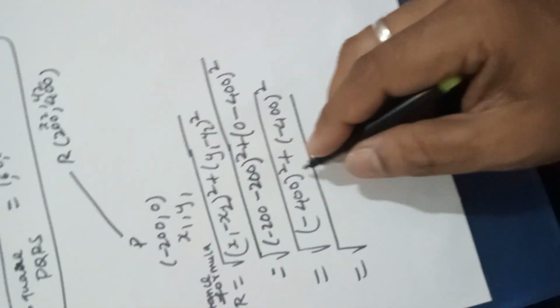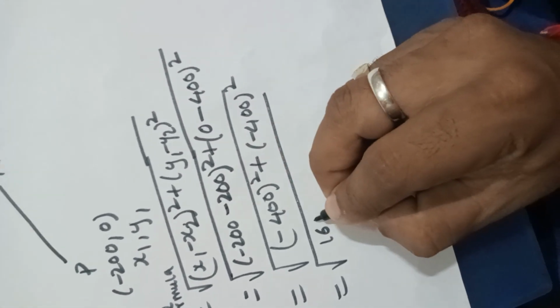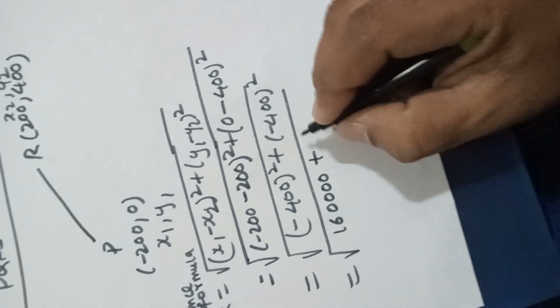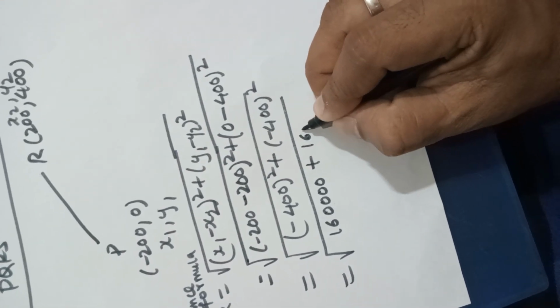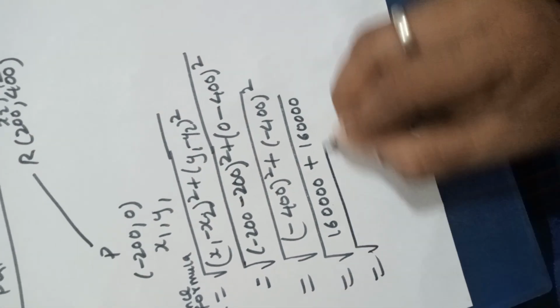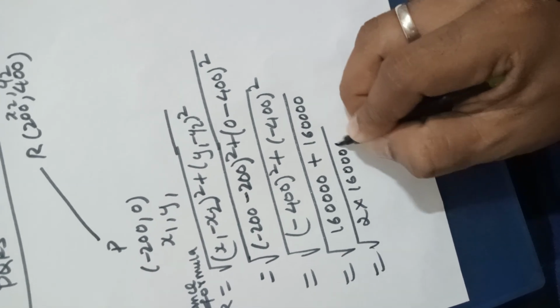When you square a negative term, it becomes positive. So this will be 400 square, is this much, 1,60,000. Similarly, this is also 1,60,000. So this can be written as 2 into 1,60,000.